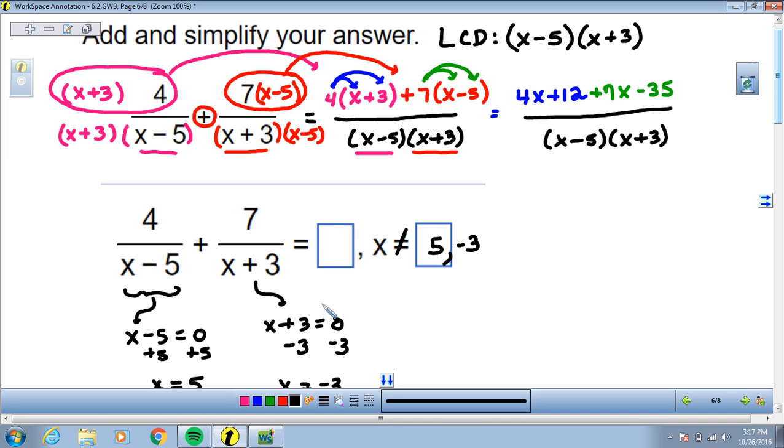Combine like terms, right? That will be the next part of the process. So we can see that we can combine the 4x and the 7x, and we can also combine the 12 and the negative 35, right?